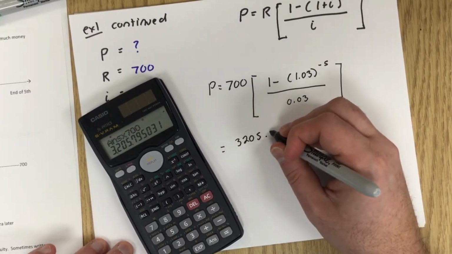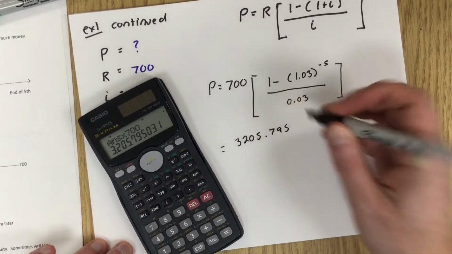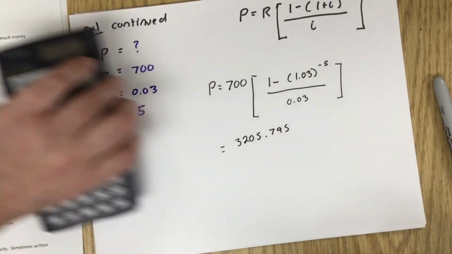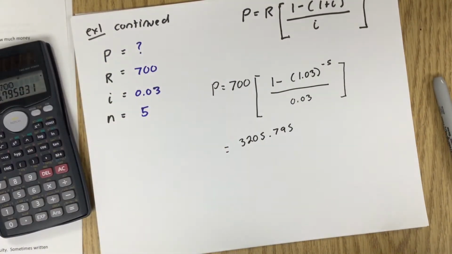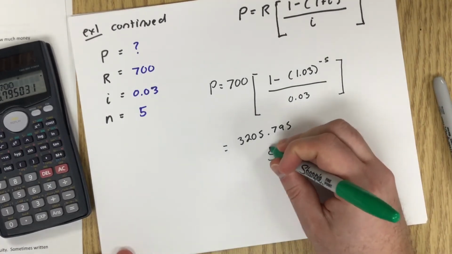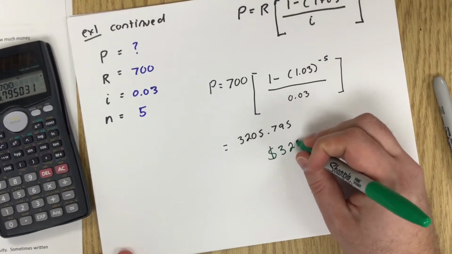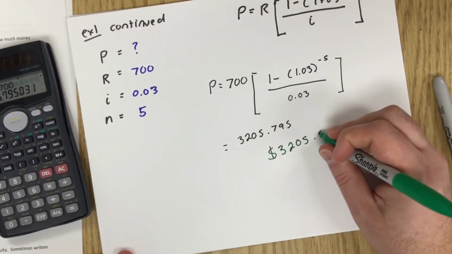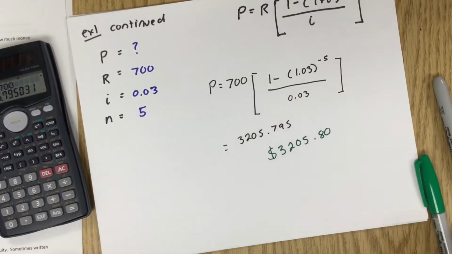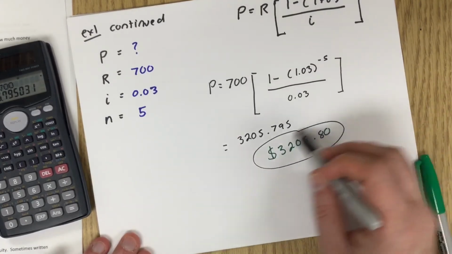$3,205.795. Or if I was going to prettify that, it would be $3,205.80 because we always round to the nearest penny.